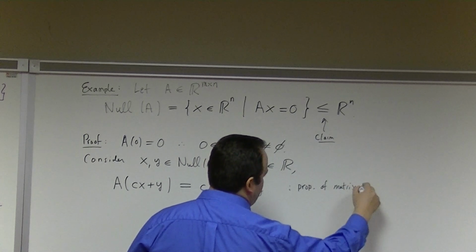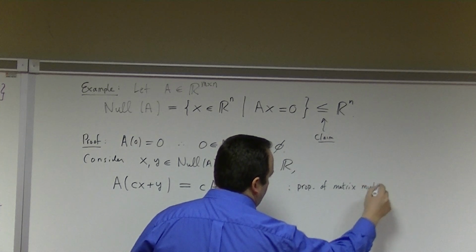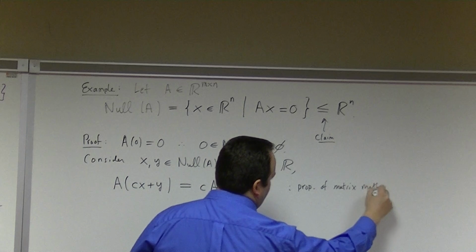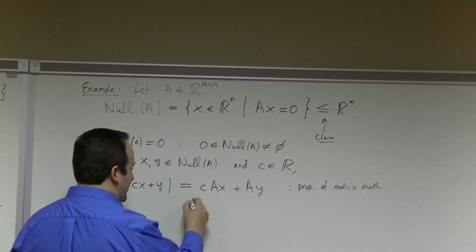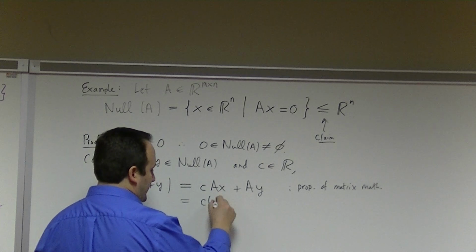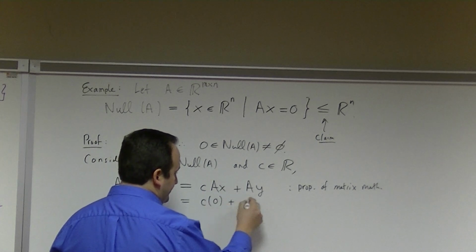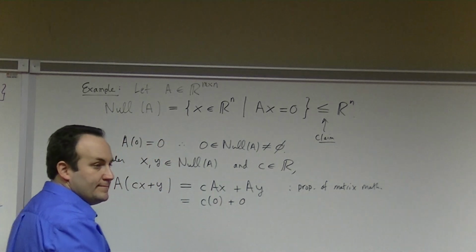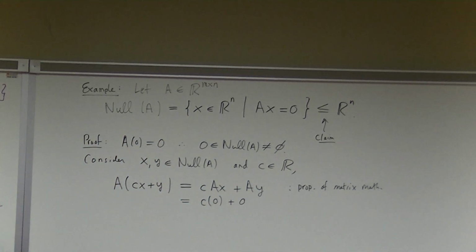Let's see here, A times x is what? 0. A times y? 0. I don't need vector space axioms here anymore.